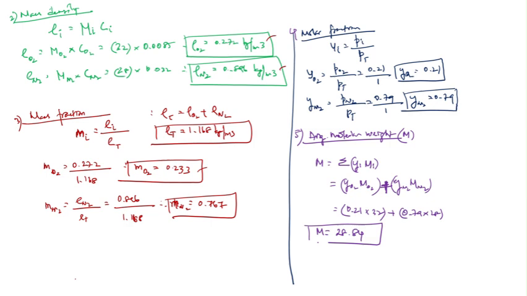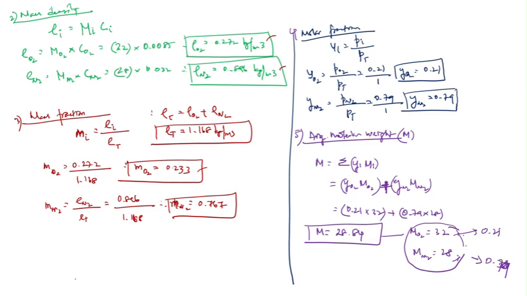The molecular weight of O2 is 32 and of N2 is 28, but they are available in the fractions 0.21 and 0.79 in terms of mole fractions, which gives the total molecular weight of 28.84 kilogram per mole.